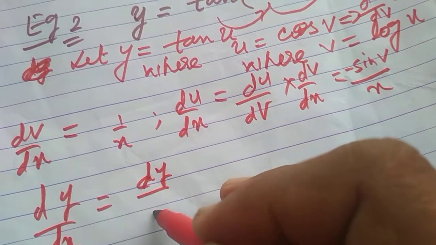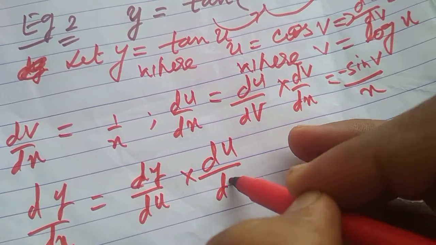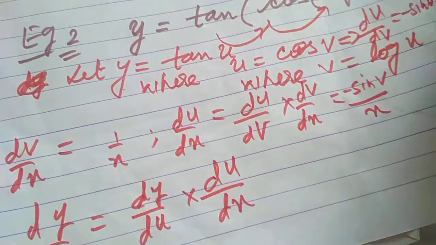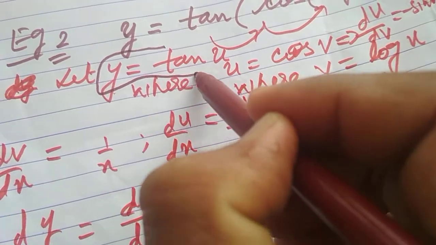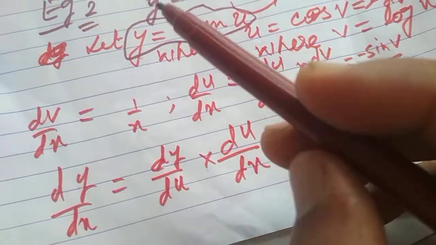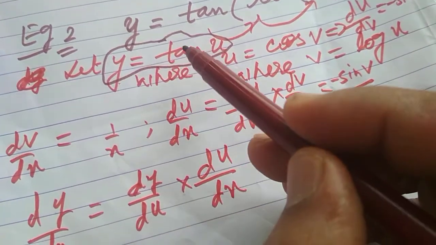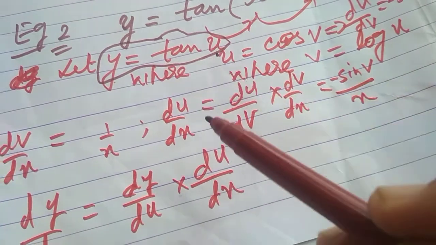As per this equation, dy by dx is equal to dy by du multiplied by du by dx.